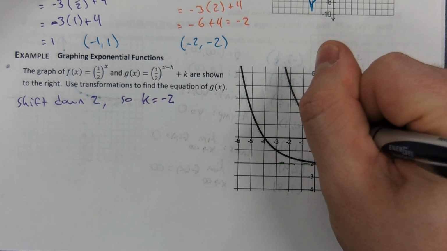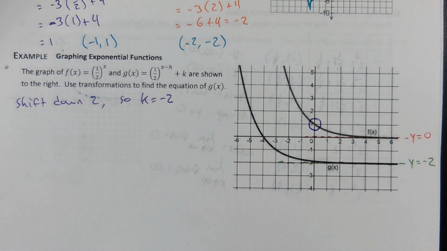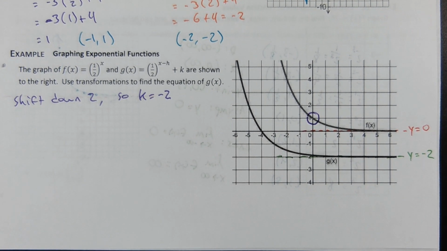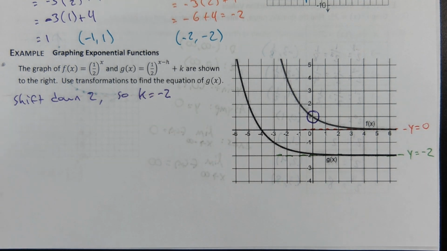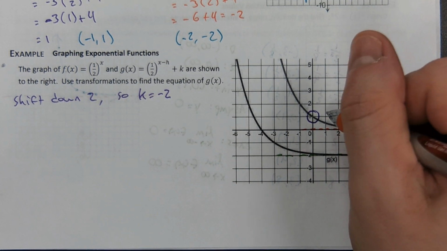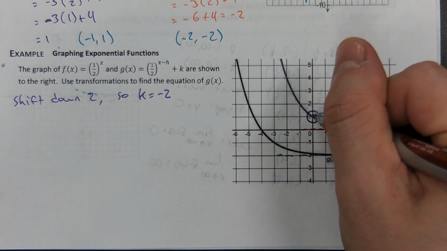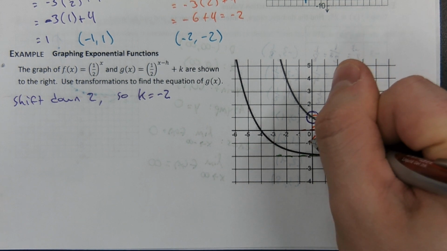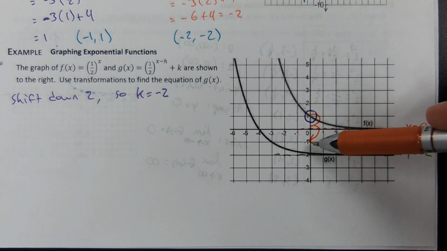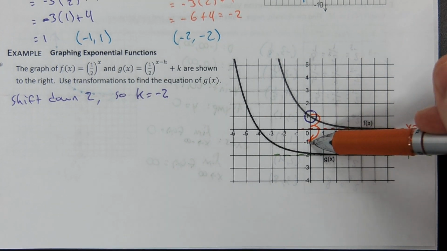Let's go here. And what we're going to do is we're going to see where that point is going to land after this first transformation. So after that first transformation, that thing would have landed at 1, 2. It would have been right here after shifting down 2.